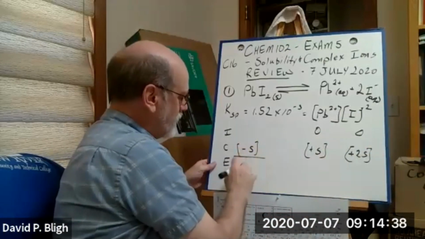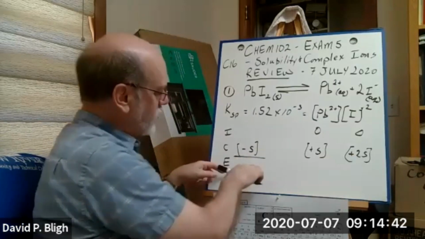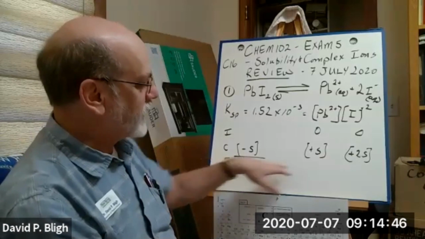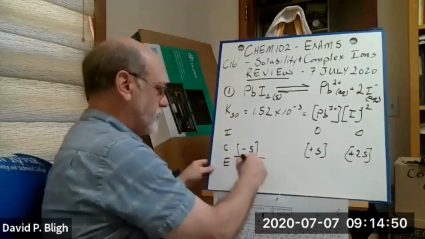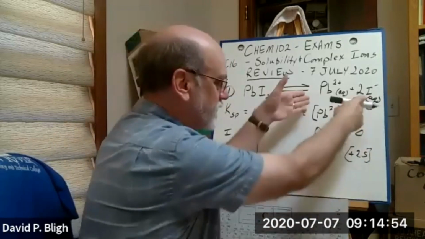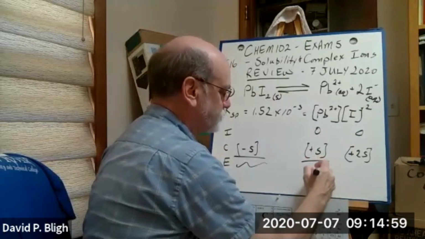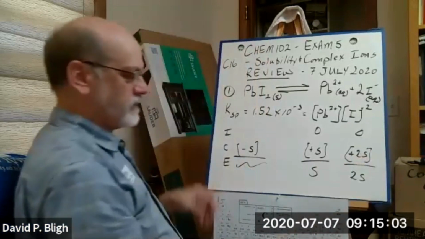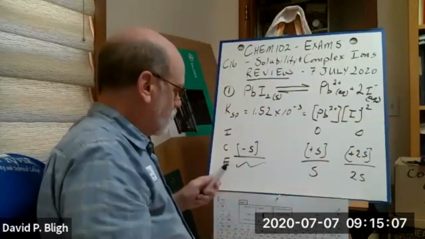So we don't need a value here because for equilibrium expression, the only thing that counts are the soluble components, right? So we don't need anything there. We just need these two to fit into that expression. Okay? So we have that value and that value.